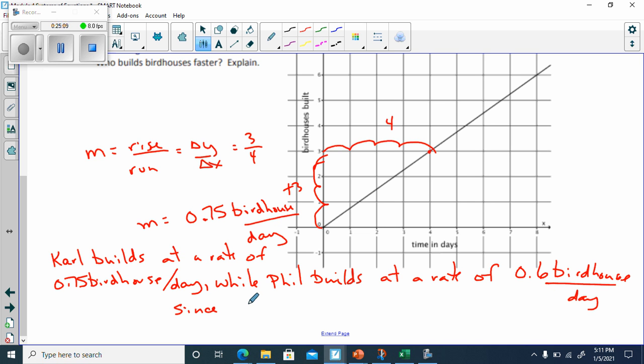Since 0.75 is greater than 0.6, Carl builds faster.